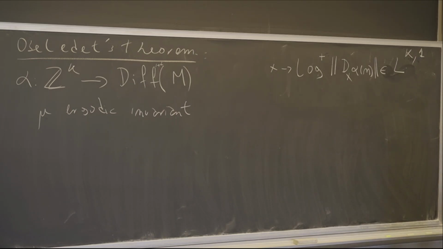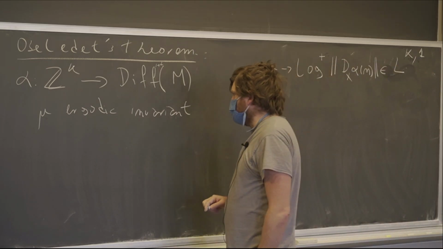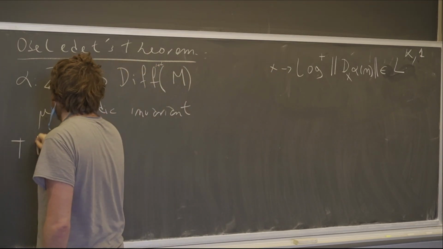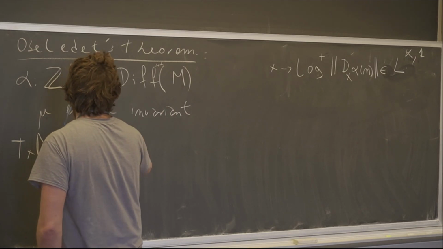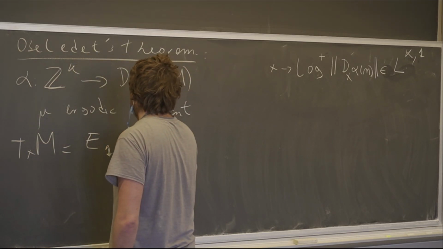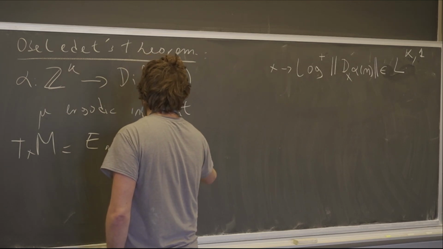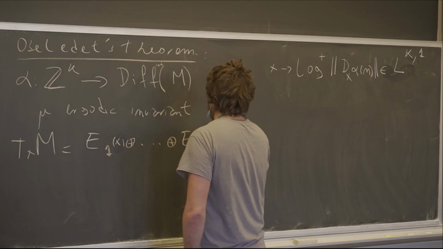Okay, so we have this, we have the ergodic measure, and now it comes to Oseledets. So Oseledets, what tells you? It tells you that T_x M splits as E^1(x) plus ... plus E^L(x).